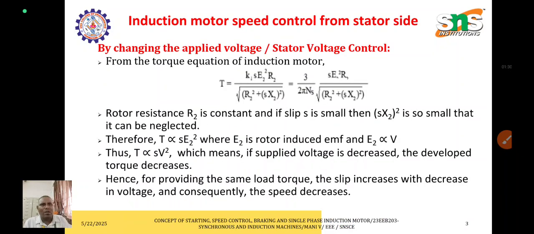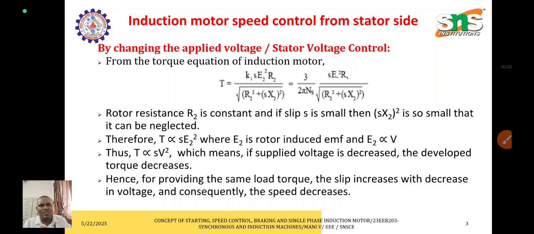Now, the induction motor speed control from the stator side. The first one is by changing the applied voltage, or stator voltage control. According to the torque equation of the induction machine, the torque is equal to K1 into S into E2 square into R2 divided by root of R2 square plus S into X2 whole square.